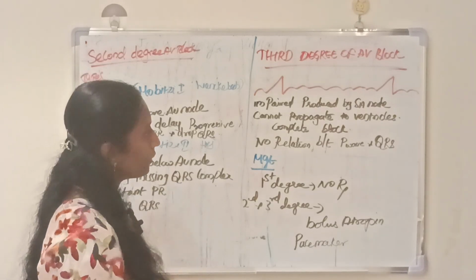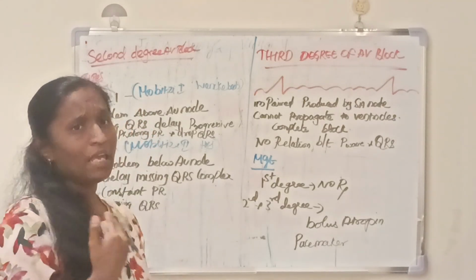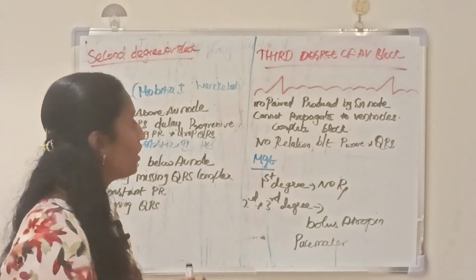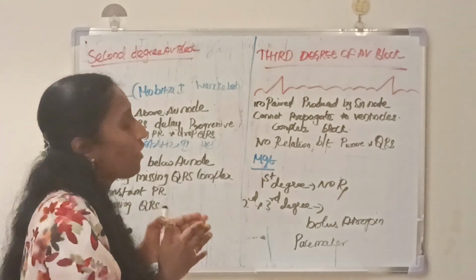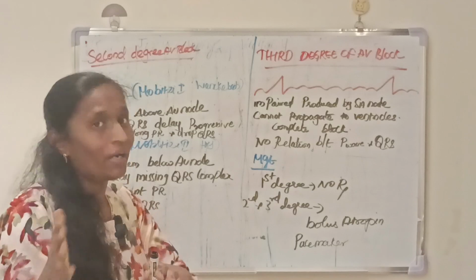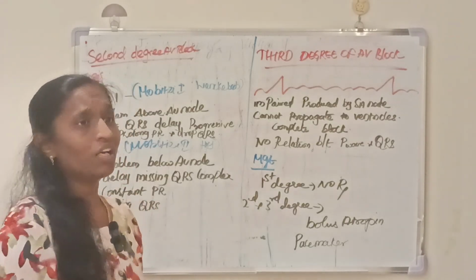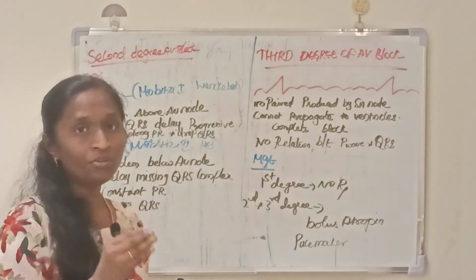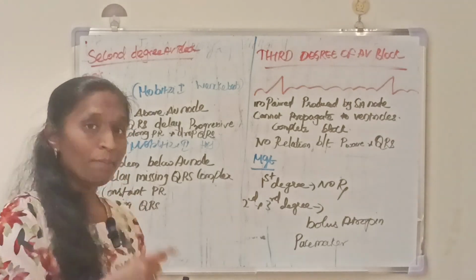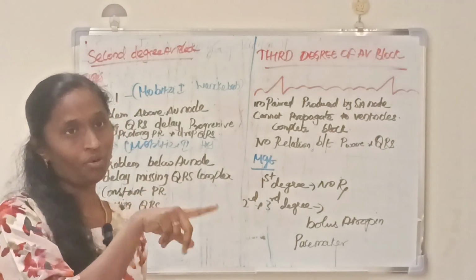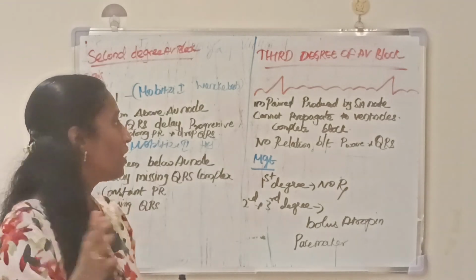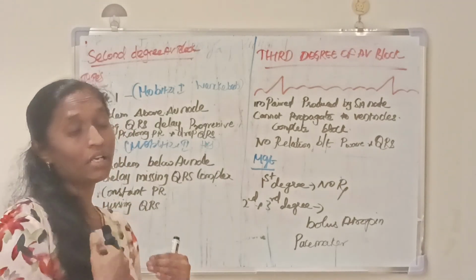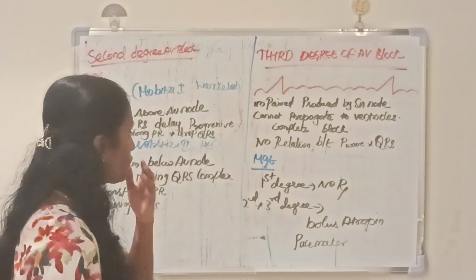In third degree AV block, the impulses from the SA node cannot reach the ventricles because there is a complete block. Due to the complete block, the impulses from the SA node cannot reach the ventricles of the heart, and the SA node is also impaired in producing impulses.